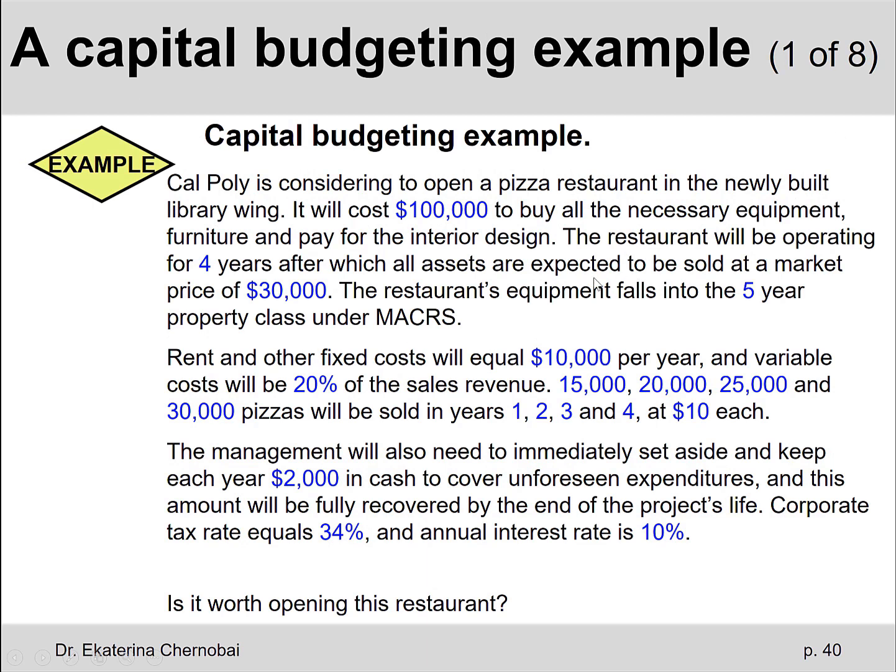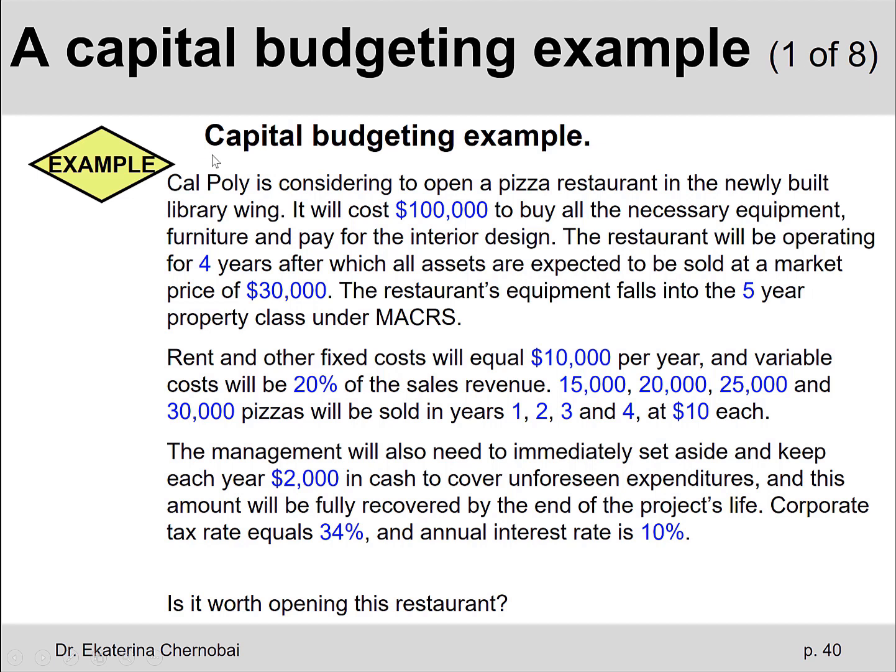Now let's put all of the above together. Let's cover the following capital budgeting example. Capital budgeting basically means a long-term investment decision, and it basically means calculate the net present value.